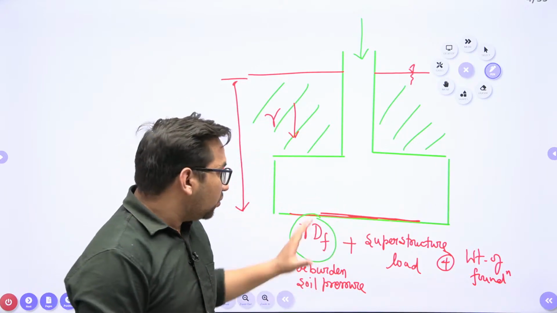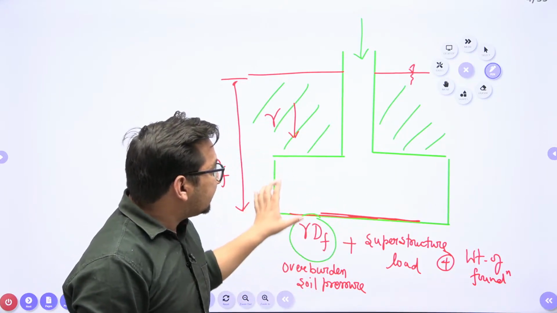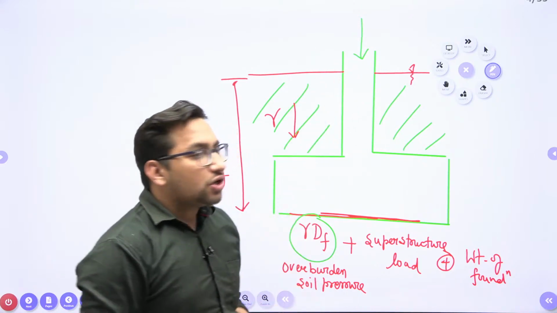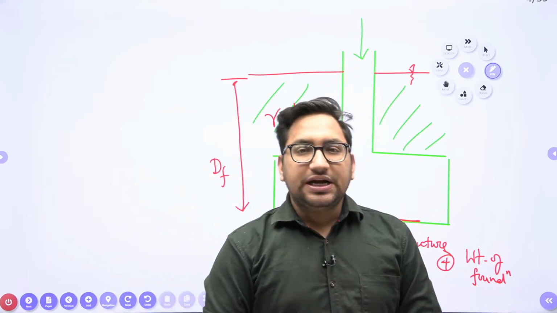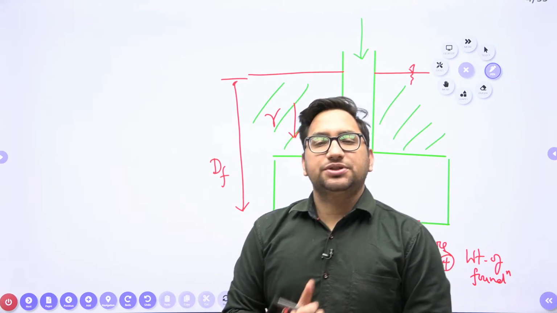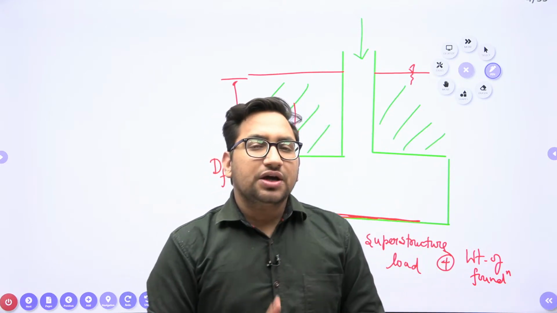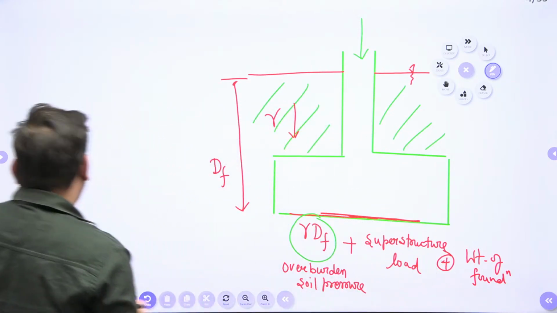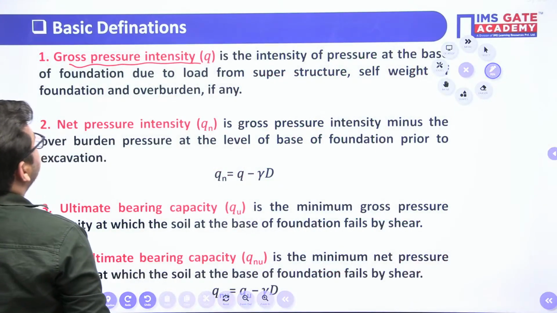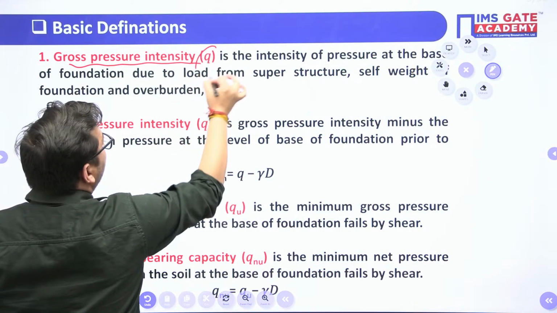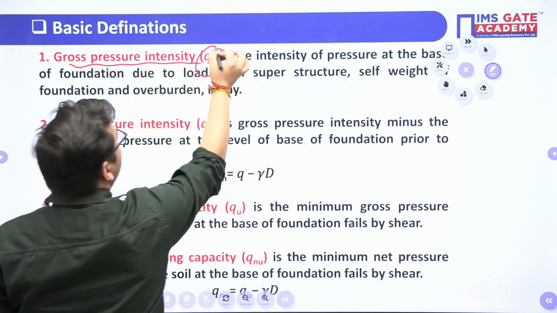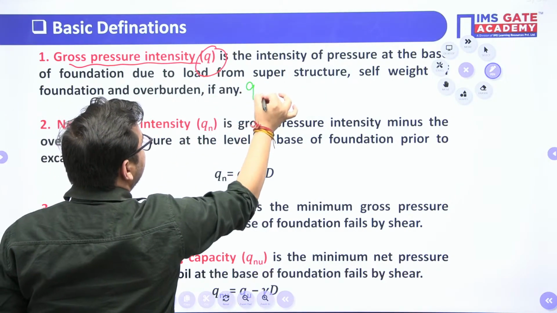So the stress value due to these three factors will be your gross bearing capacity. Clear? Now we mark this particular value with Q, or in some books you might find it as Qg. Sometimes we represent it with Qg also.